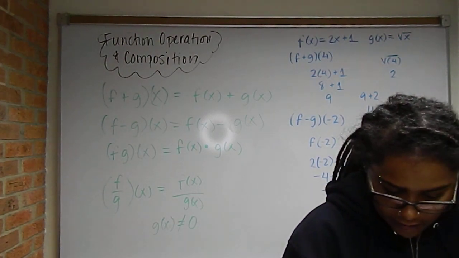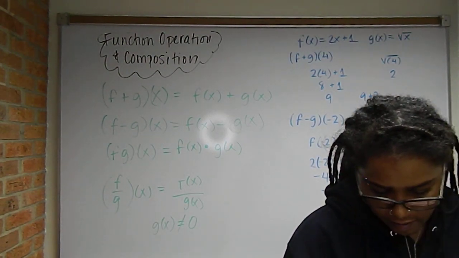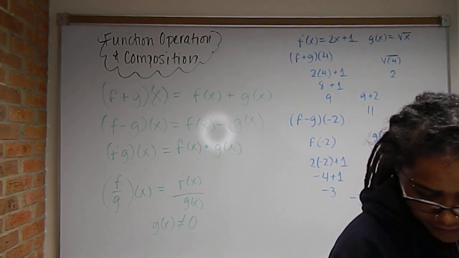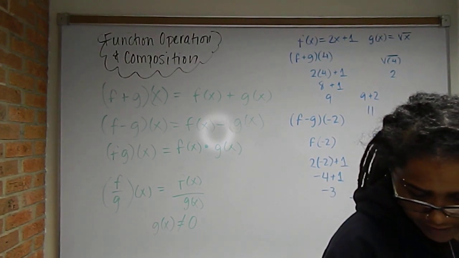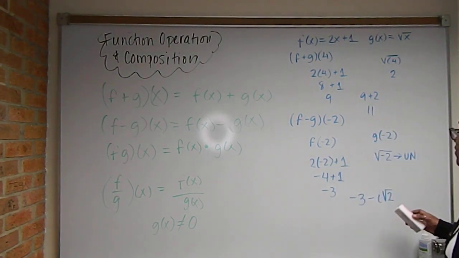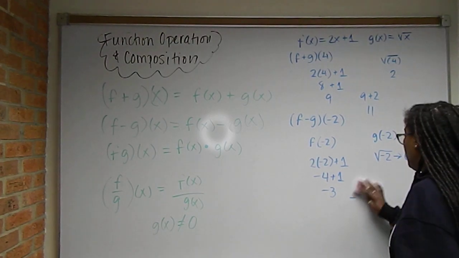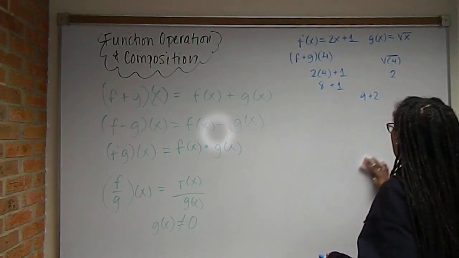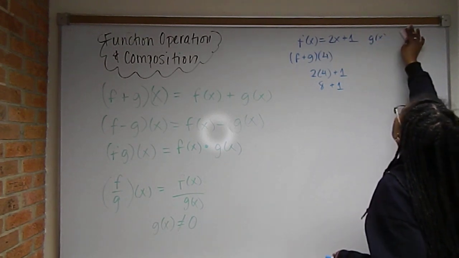Let me try to find you some. There we go. Let me do one composite for you. All right, that's just basic. Now, when we talk about composite, that means you're putting one function inside the other, right?